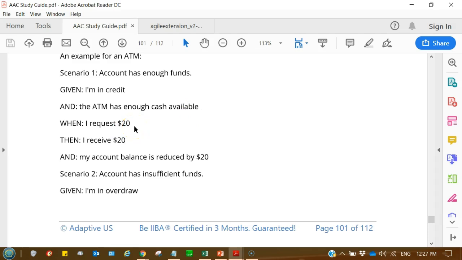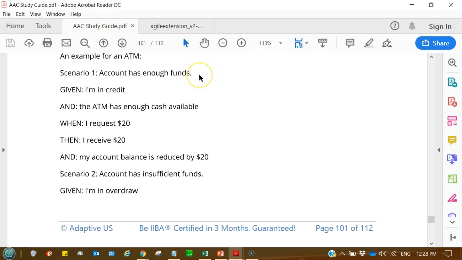When, and this is my event, when I request $20, then I receive $20, and my account balance is reduced by $20. That's a specific test that you can apply to your system.